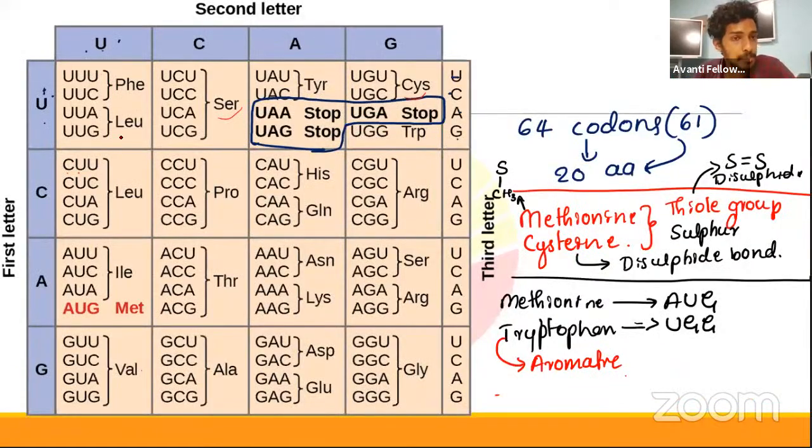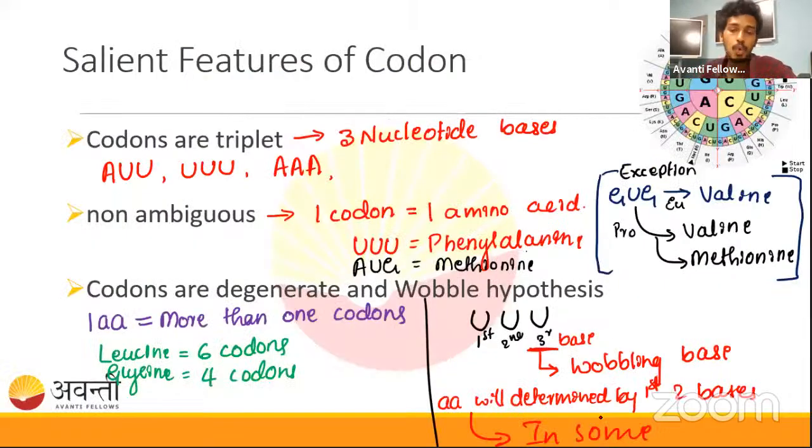If you consider this one here, U and C represent phenylalanine, A and G represent leucine. That means there are certain cases where the third base also matters. So it only happens in some codons, but in these, the third base doesn't matter. That is called the Wobble hypothesis.